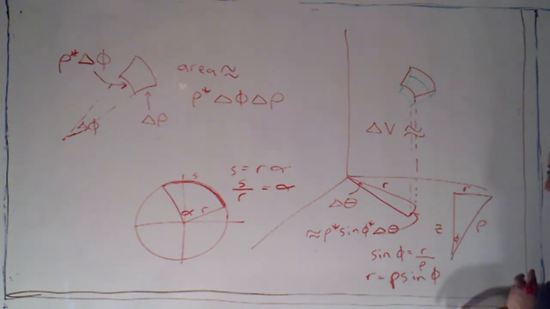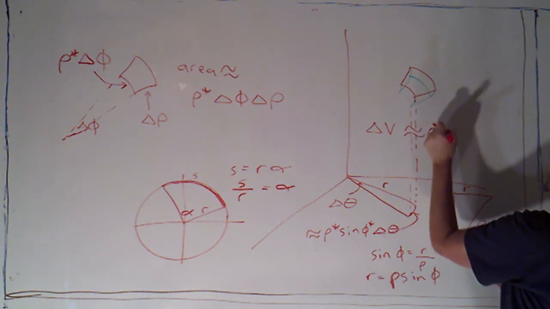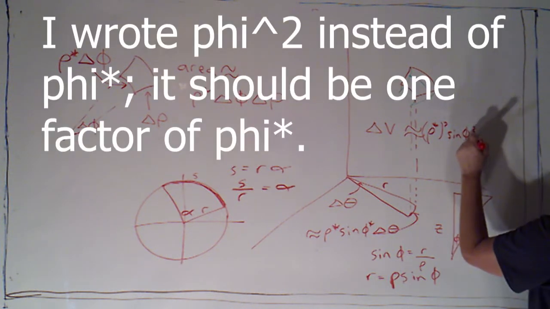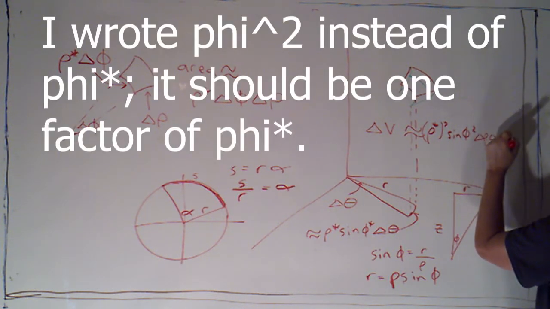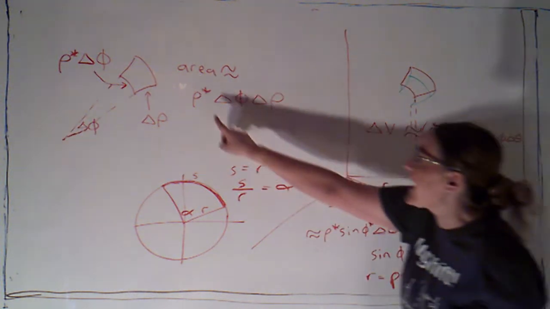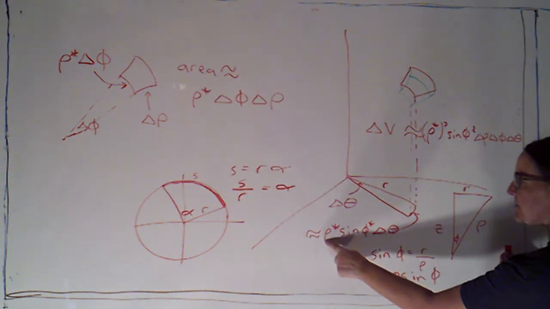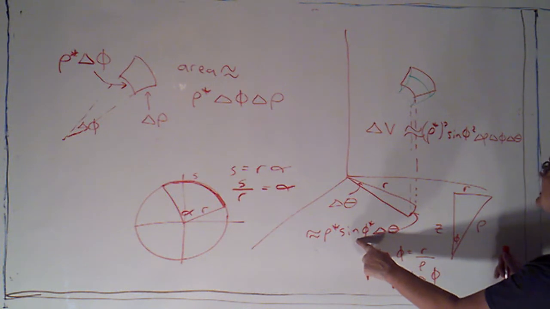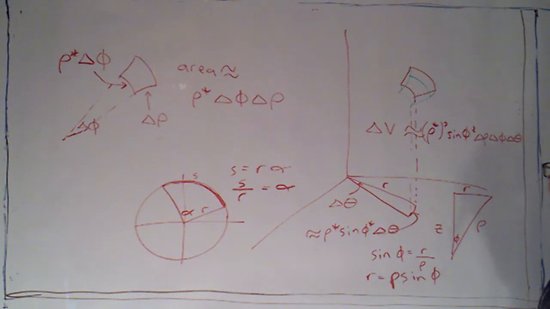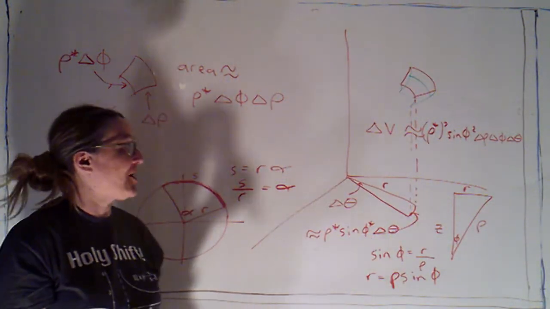But that's going to give me rho star squared times sine phi star delta rho delta phi delta theta. Okay. So I get one factor of rho, my representative rho value here. I get a second factor here in addition to a sine of phi star. Okay. So that's an approximation of my delta V. Okay. So, turns out that's the right approximation.